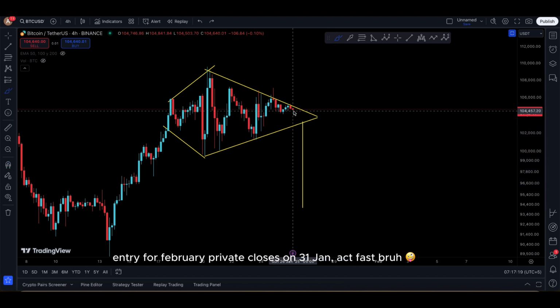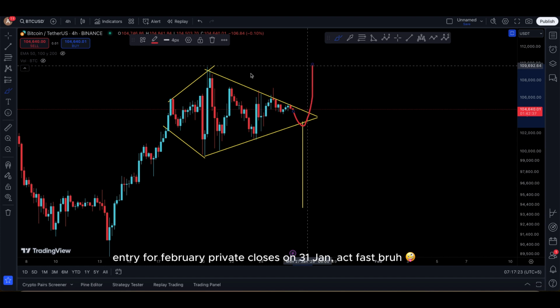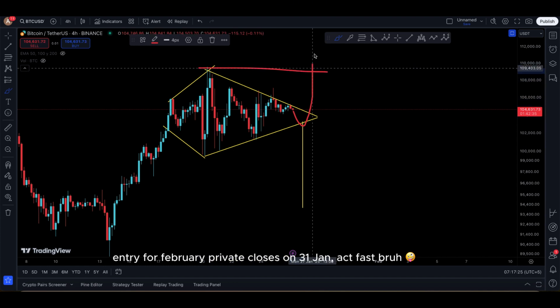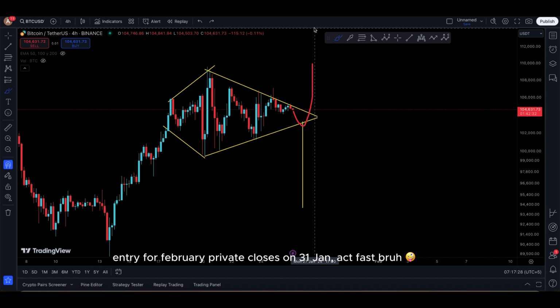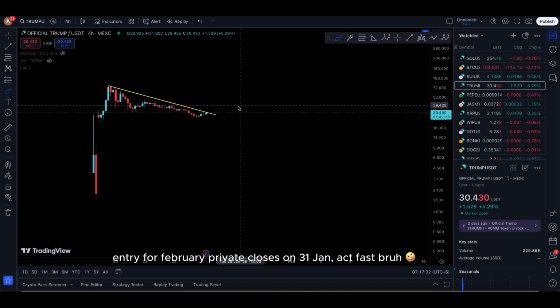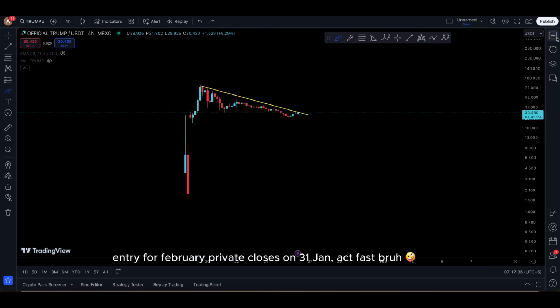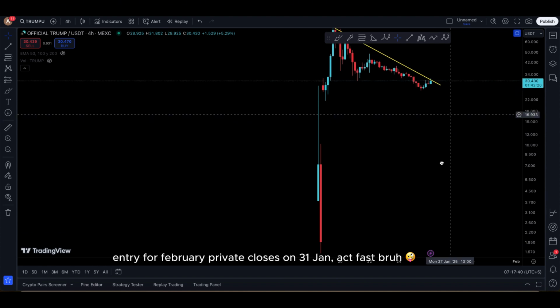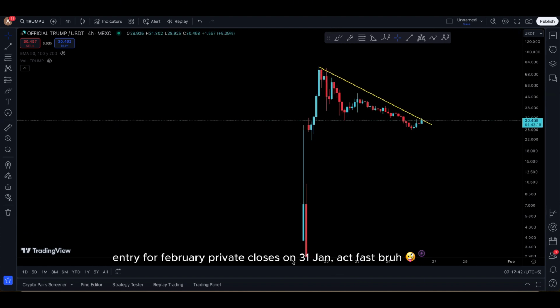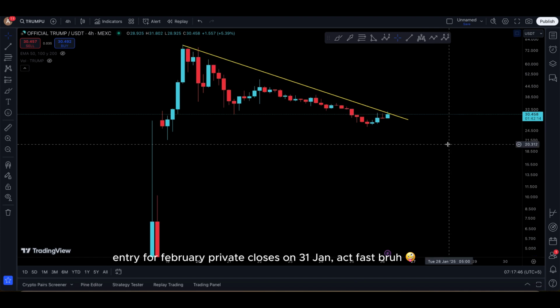However, if Bitcoin decides to invalidate the diamond top and pumps all the way to $109,000 again and moves higher, then you can probably expect Trump to also break above here and move up along with Bitcoin. But if Bitcoin drops, and it can drop to $94,000 if that diamond top plays out, we're going to get to know in the next 2 days what happens to Bitcoin.